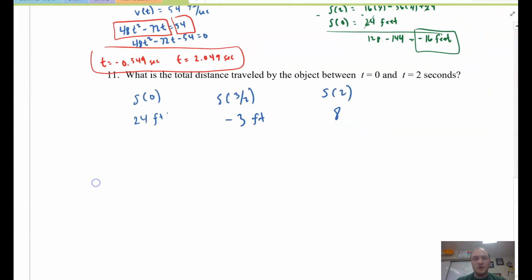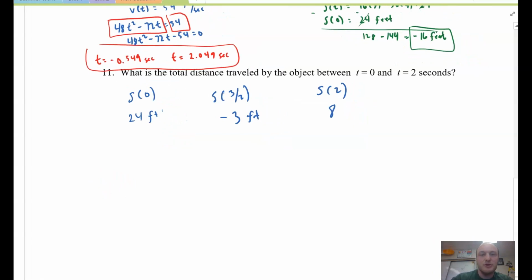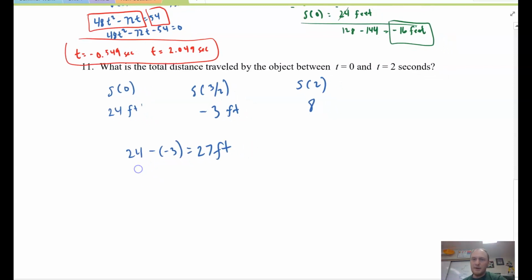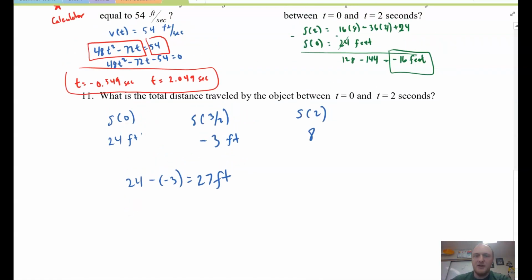And then what we want to do is add all of these up. So the total distance covered here is 27. And how you can calculate that is 24 minus -3. So that is 27 feet. Okay. And then s of 2 here, we have 8 minus -3, and that is 11 feet.